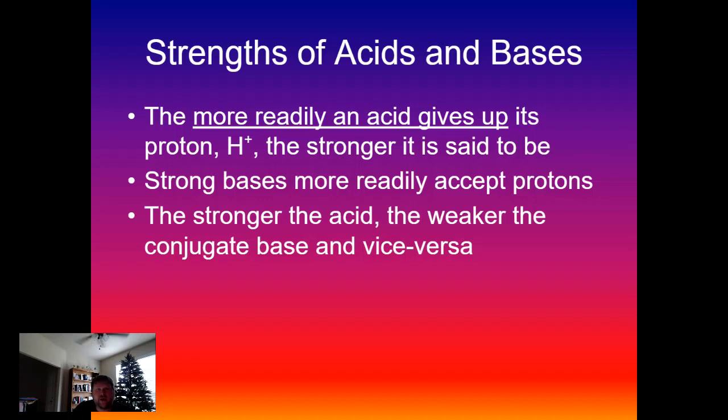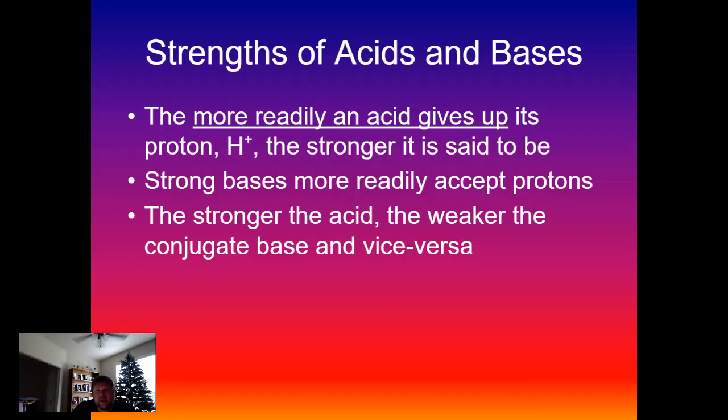When we talk about strong acids, we're talking about the acids dissociating. Go back to that solutions unit, that vocab word, dissociation, the breaking apart of the ions. Strong acids and bases dissociate 100%. They're highly soluble, and every molecule breaks apart into its ions. 100%, every one.